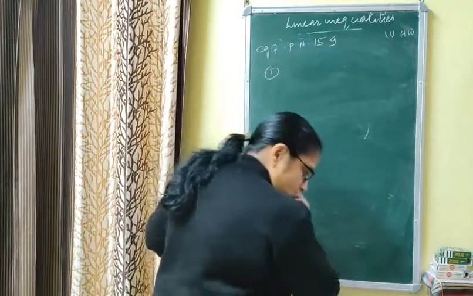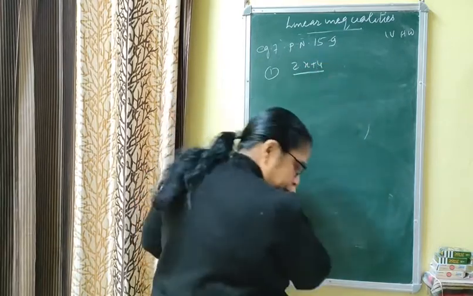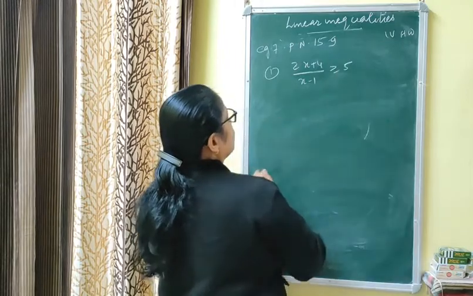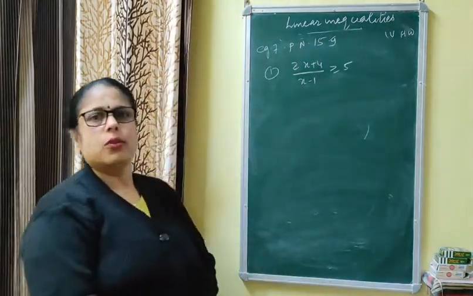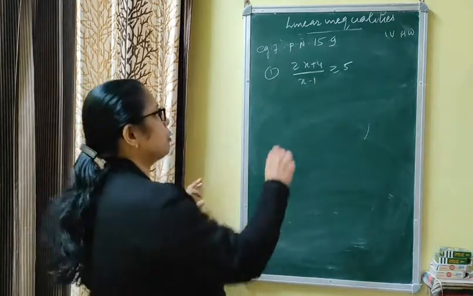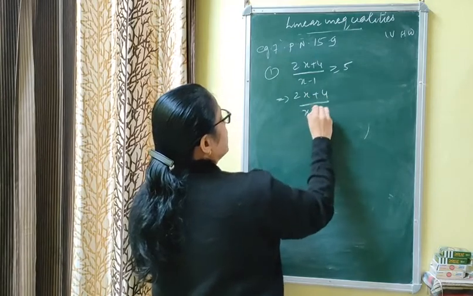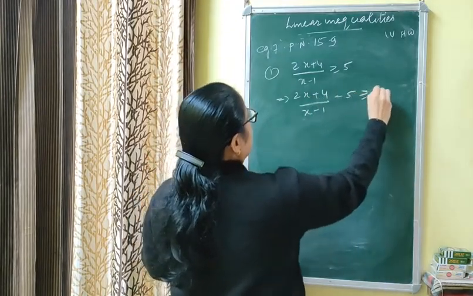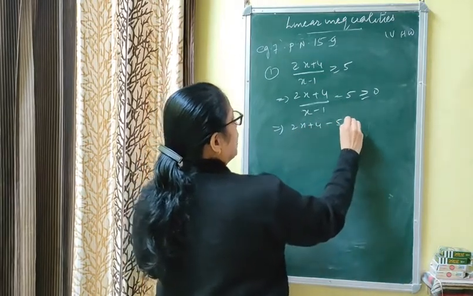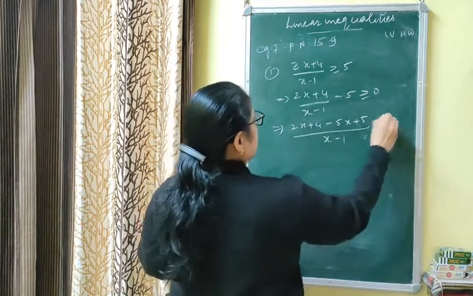First part is (2x plus 4) upon (x minus 1) greater than or equal to 5. Now, what to do first? Cross multiply? No. Why? Because the denominator is in fractional form with a variable. As usual, we have to transfer the right side to the left side, that is greater than or equal to 0. That means (2x plus 4 minus 5x plus 5) upon (x minus 1) greater than or equal to 0.